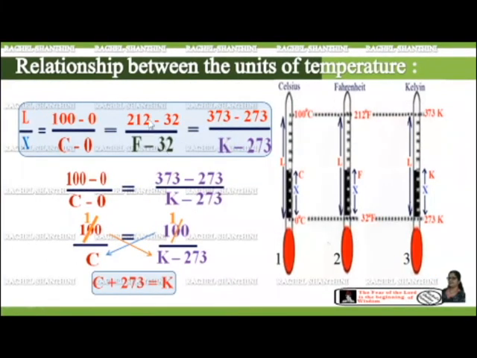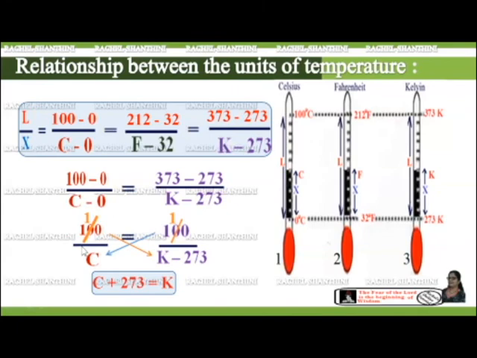Now let us see the relationship between Celsius and Kelvin scale temperature. For this, let us equate the L by X ratio of Celsius and the L by X ratio of Kelvin. (100 minus 0) upon (C minus 0) is equal to (373 minus 273) upon (K minus 273). 100 minus 0 is 100 upon C minus 0 is C, which is equal to 373 minus 273 is 100 upon K minus 273.